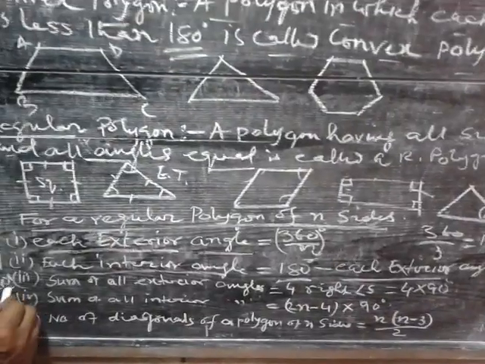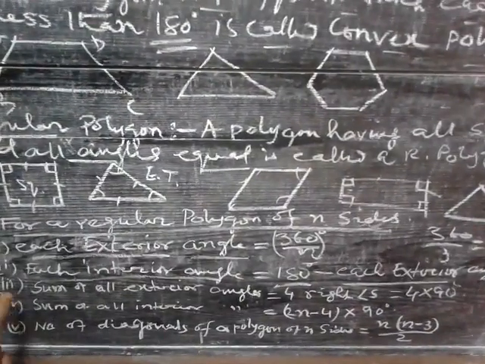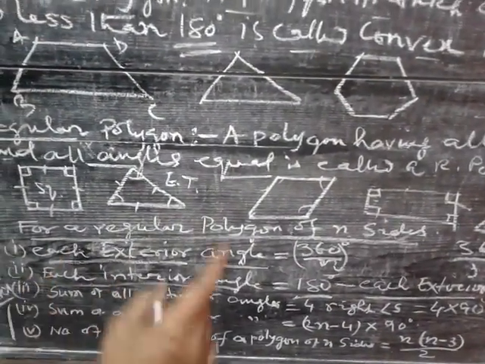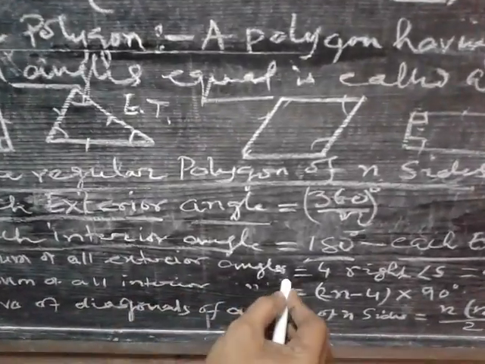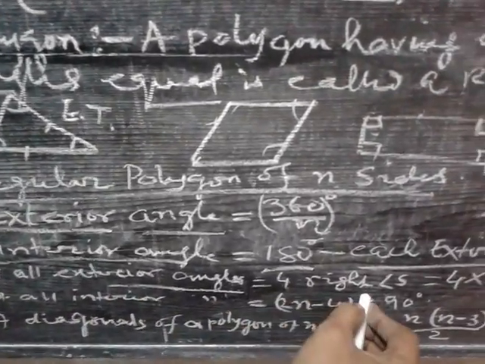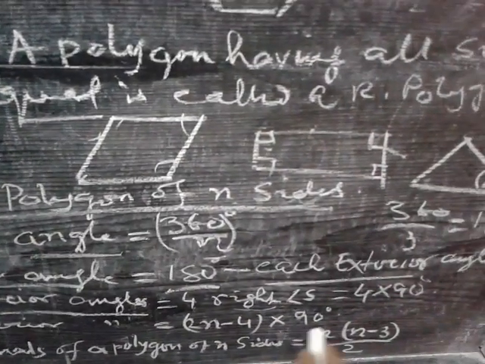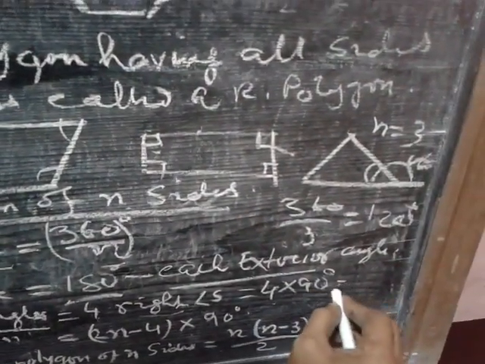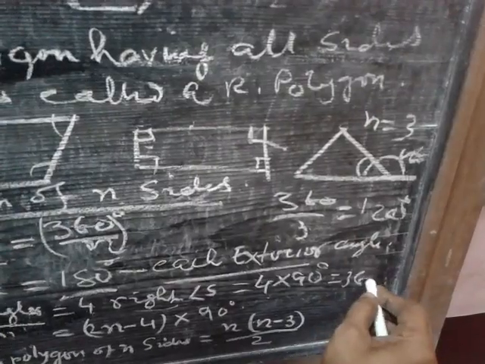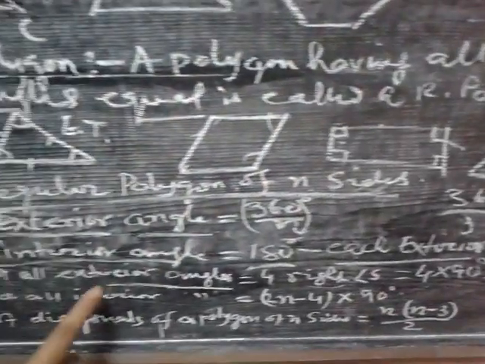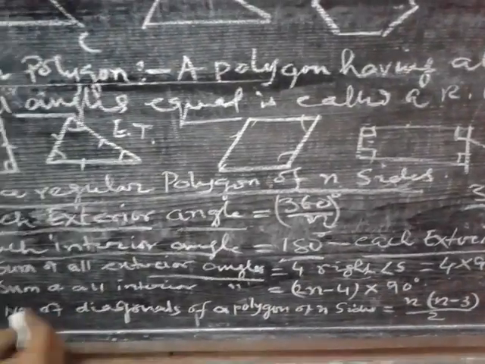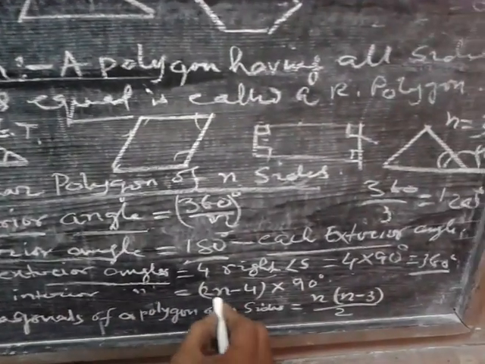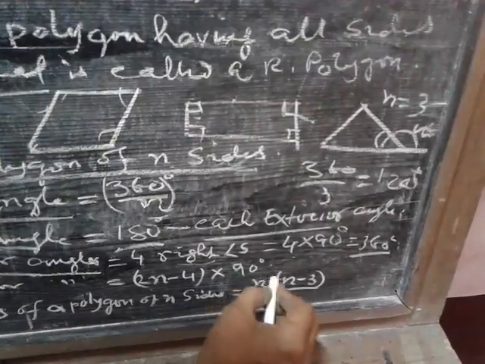Now for any convex quadrilateral or any polygon, the sum of exterior angles will be 4 into right angles, that is 4 into 90 degrees, it will be 360 degrees. The sum of all exterior angles will be 360 degrees.